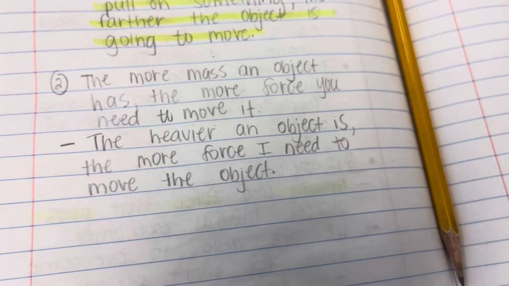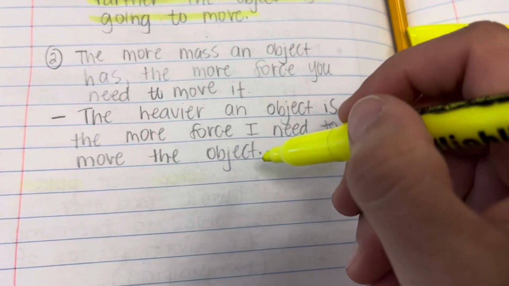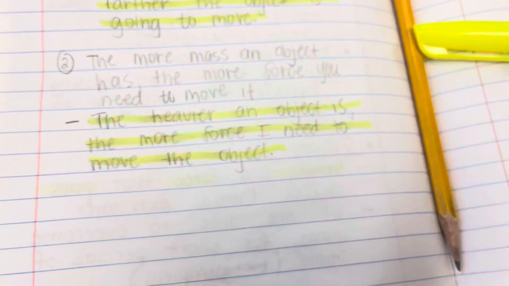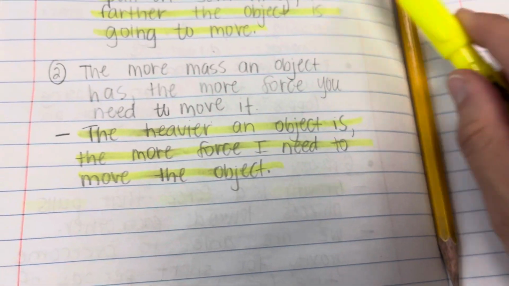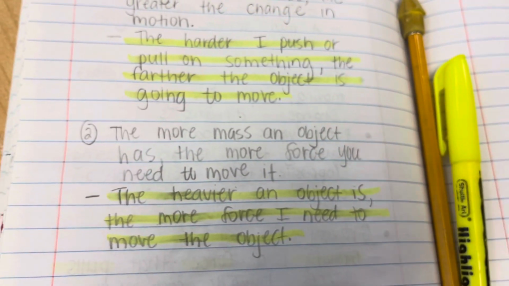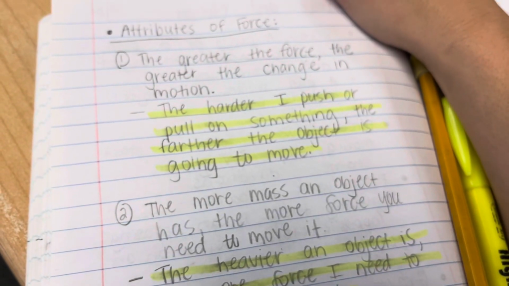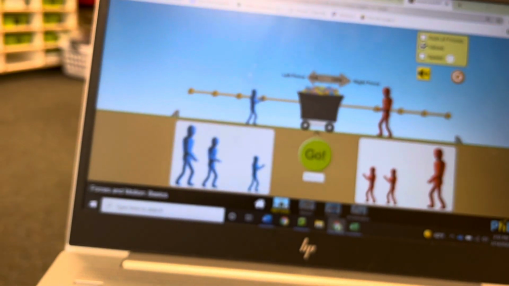Now, I'm going to take my highlighter and I'm going to highlight this last piece. When you have written down what I have written down, you're going to use the link on Schoology and you're going to play around with this website where you can try different things.